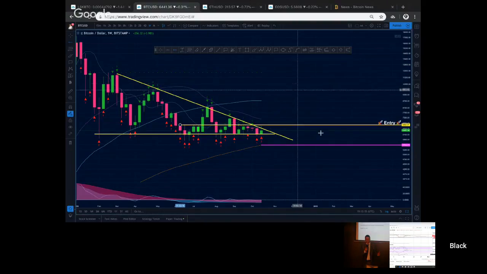If we see a breakout from 6,800, this is going to be a good entry for a bullish trade on Bitcoin and on other USD pairs. So this is a very important level. If we can't break this level, it means we will possibly try to break the 6,200 level. I'm showing the Bitstamp chart now.